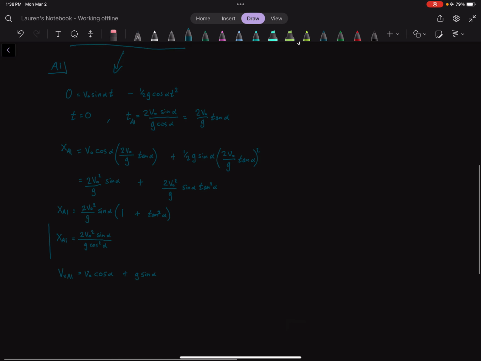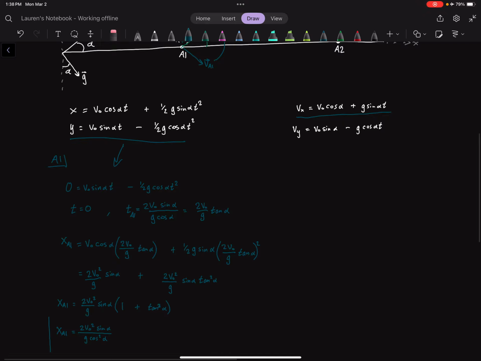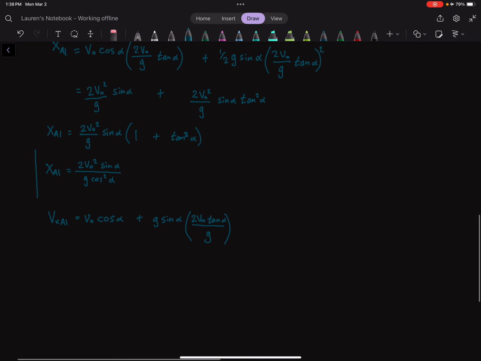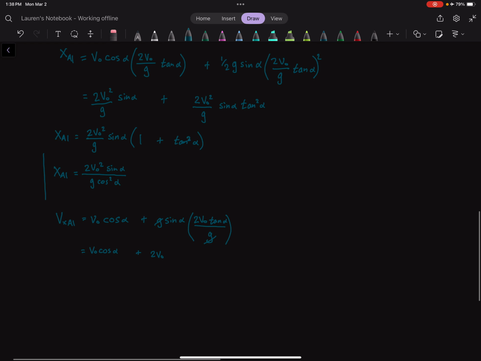So we have 2 V naught tangent alpha over G, and we're plugging that in for t to the first power, so we're safe leaving that with no exponent. So this is as simple as it gets, V naught cosine alpha. But over here, we get our G's canceling, which is nice, and we have 2 V naught sine alpha tangent alpha. And that I don't think can be simplified in any kind of way.